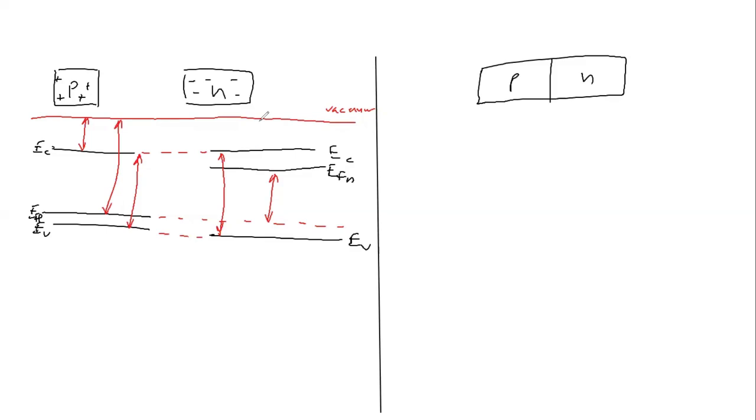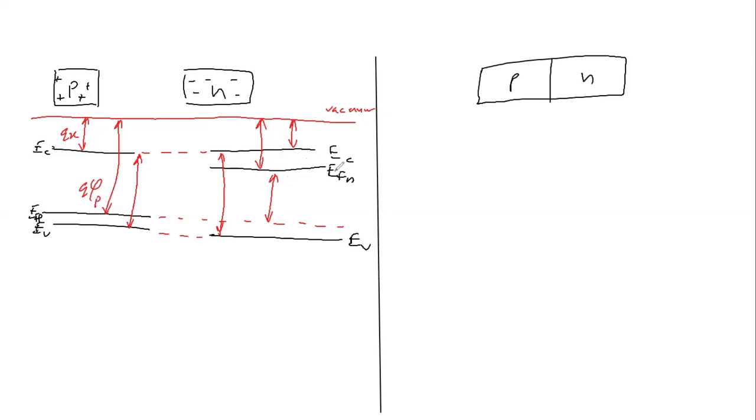Now, all we just want is the work function. If we say this is Qx, then this distance, which spans the Fermi level and this position, is the work function, which is Q phi of P for the P material.